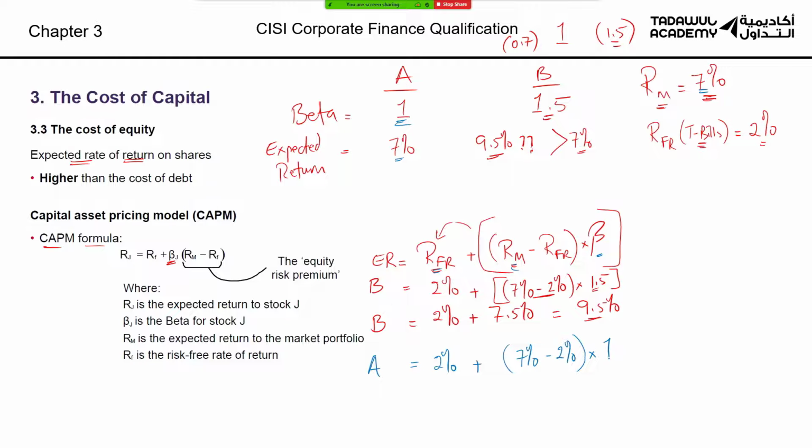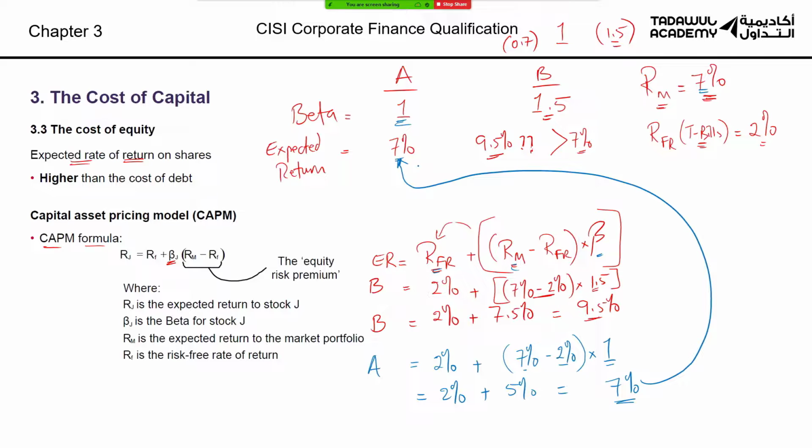It's 1. This will give us 2%, plus 7 minus 2, that's 5%, times 1, that's 5%. So the expected return on stock A is 7%, which is true. We didn't need to calculate it because we already know the beta of 1, so the return on stock A is 7%, equal to the market.